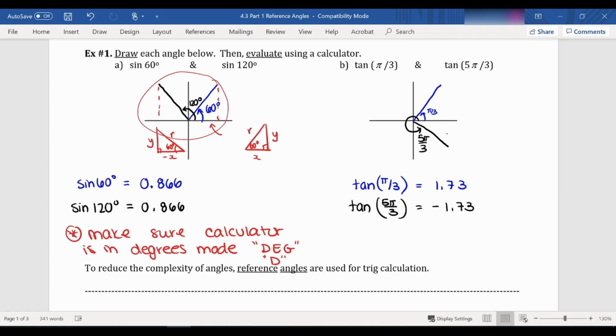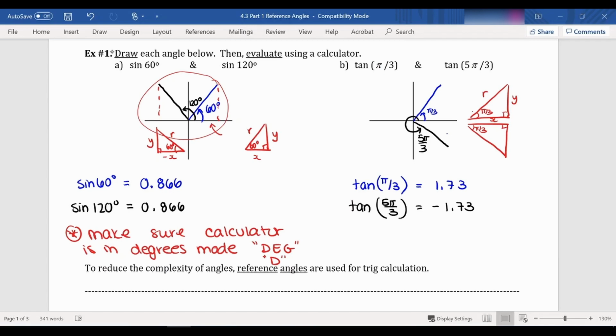And the reason we're not getting the same answer here is if I look at these triangles, I have pi over 3 in my bottom corner for both of these. I have my y value, my r value, and my x value for my top triangle.